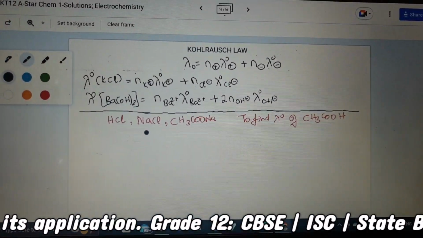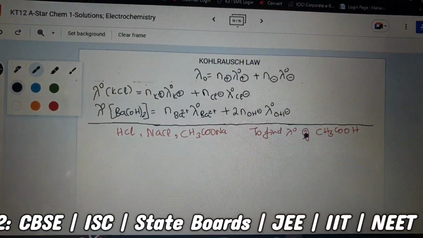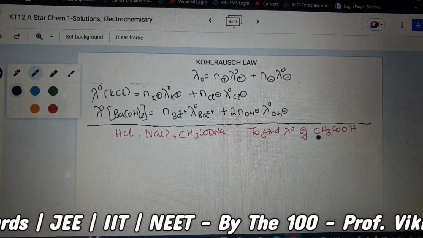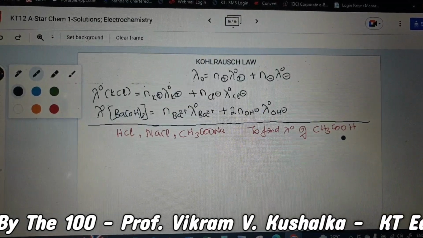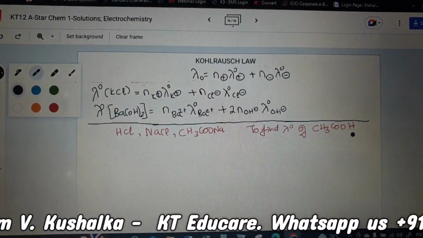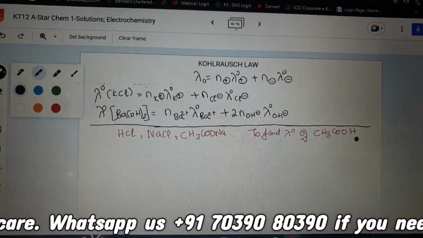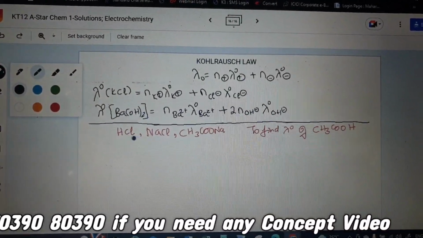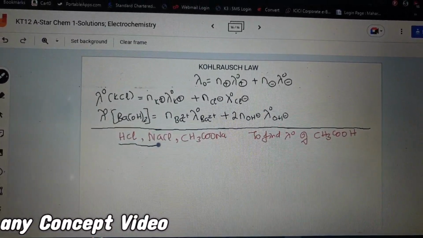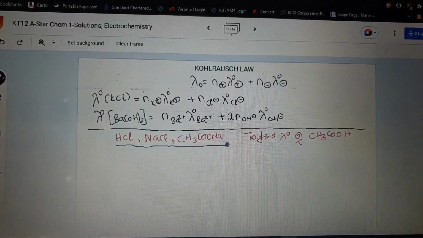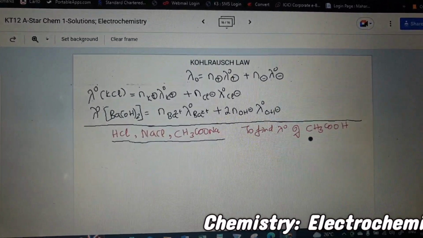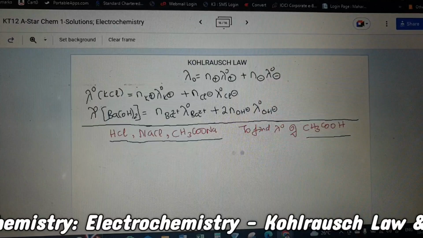So how are we supposed to find out? Now in order to find out lambda naught of acetic acid, that is having CH3COO negative as the anion and H positive as the cation, correct? Now how do I combine all these strong electrolytes molar conductivity to give me the molar conductivity of CH3COOH?